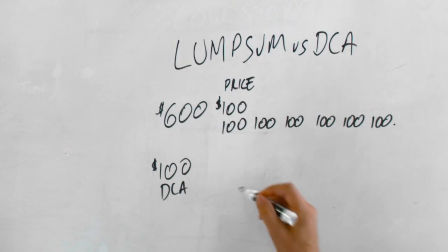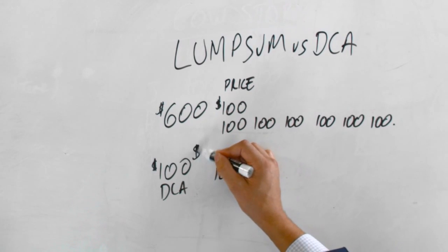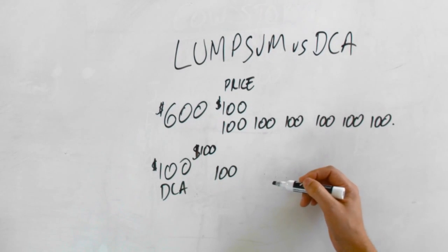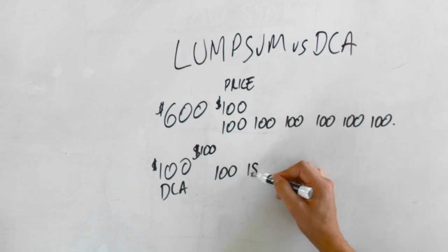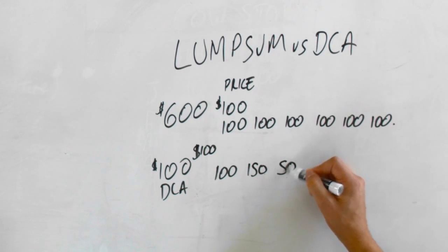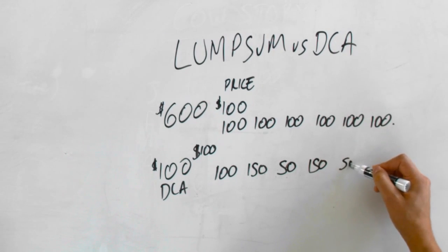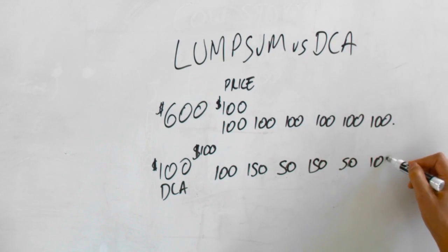But let's look at the dollar cost averaging example. Let's say we start at $100 and we invest $100 a month. And let's say the second month the price goes up to $150 and then down to 50, back up to 150, down to 50, and then we finish off at 100.